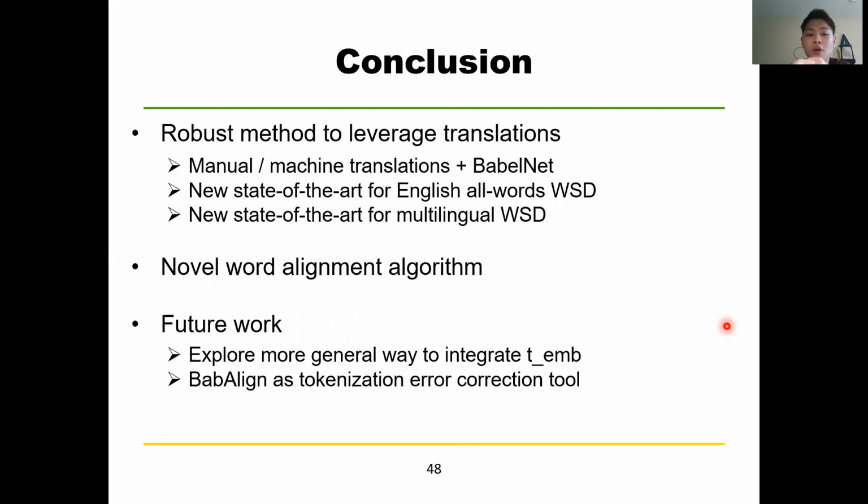And also we introduced a novel word alignment algorithm, BabAlign, which outperforms the existing word alignment tool in both intrinsic and extrinsic evaluation. And as future work, we'd like to explore a more general way to integrate TM so that we can test it with other systems as well. And also we would like to test BabAlign as tokenization error correction, as mentioned in the experiment section.